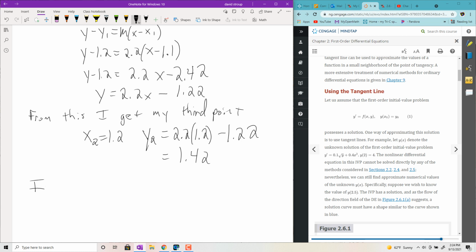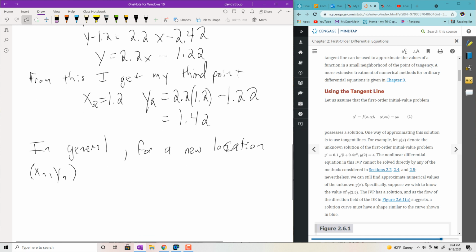So in general, for a new location x sub n comma y sub n, the formula will be x sub n plus 1 equals x sub n plus h, and then your new y sub n plus 1 will equal f of x sub n comma y sub n times x sub n plus h minus x sub n, plus the y sub n.